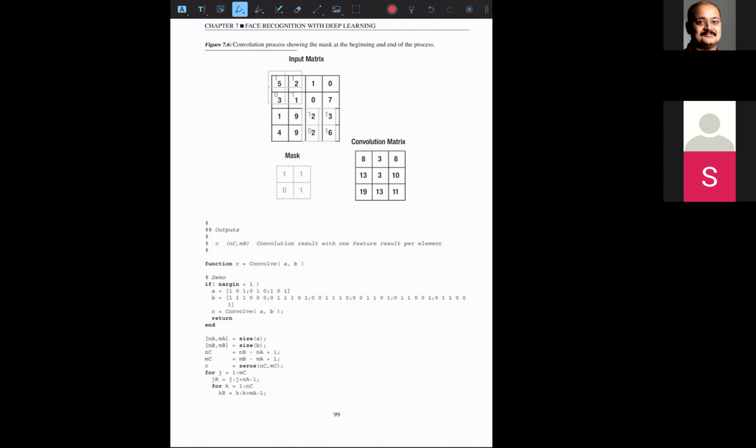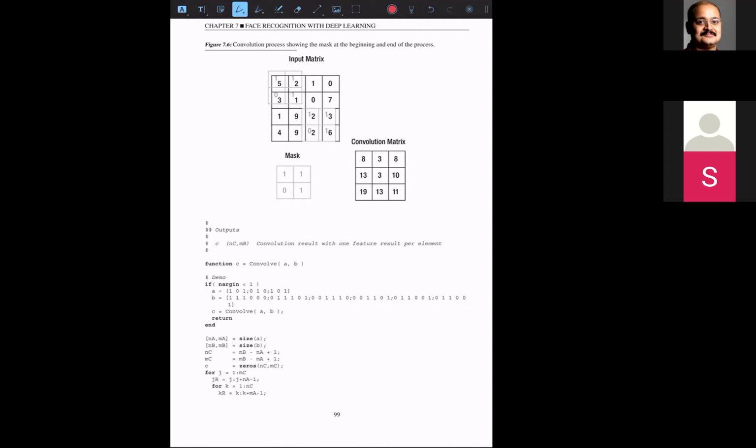This mask, you are going to swipe left to right and top to bottom. Just give yourself a minute and see that convolution is nothing but you have this sort of filter, or this mask, that you are sweeping row wise, and then column wise.